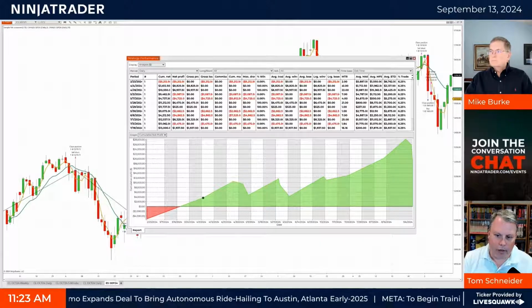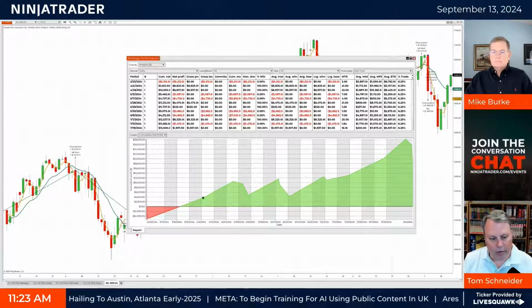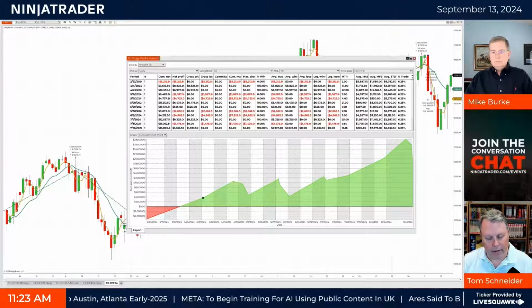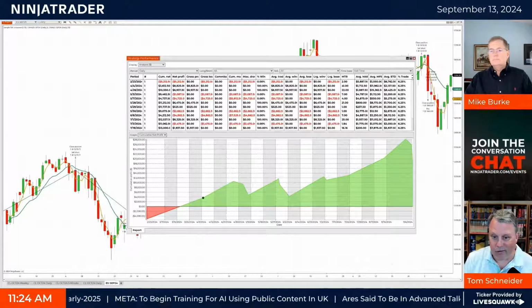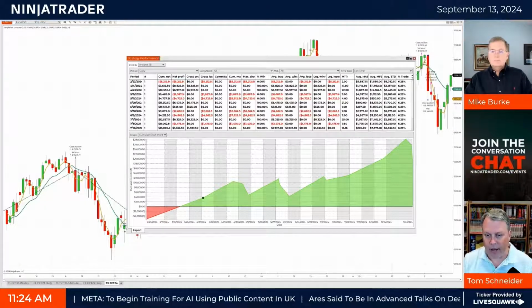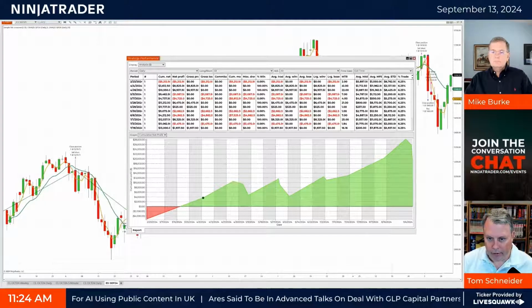But I think what's really cool is the picture that Mike mentioned on the bottom, that equity curve. Every time we trade, we reevaluate what the P&L of that trade was, and we basically add it or subtract it, right? If it's positive or negative. So over time, you can see, was this strategy profitable?